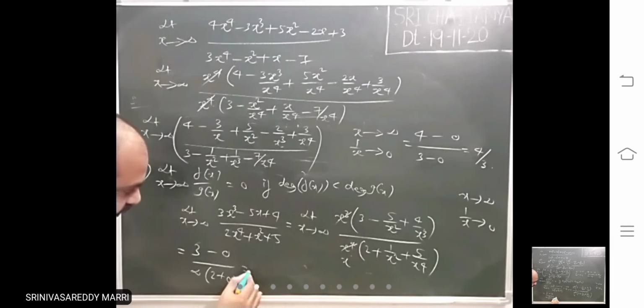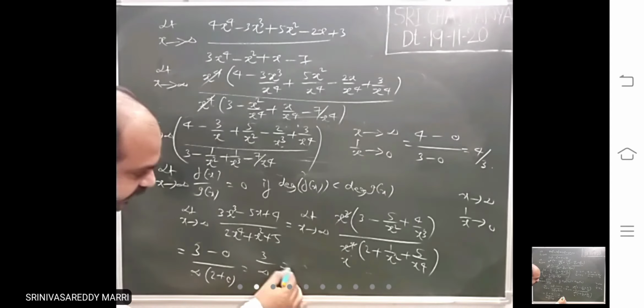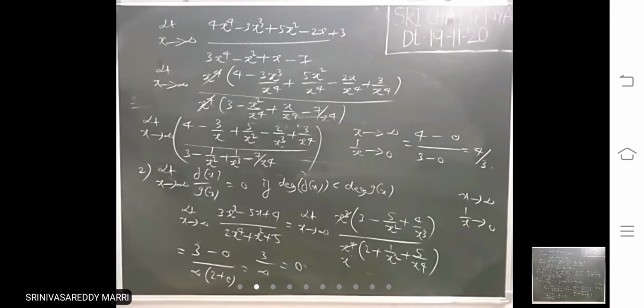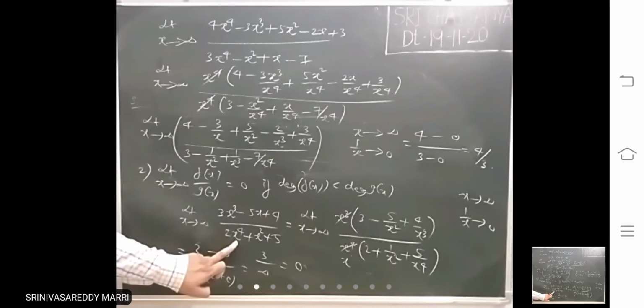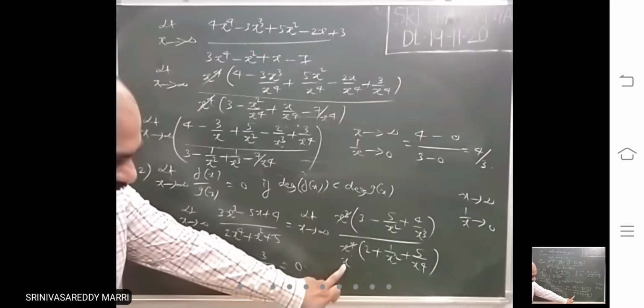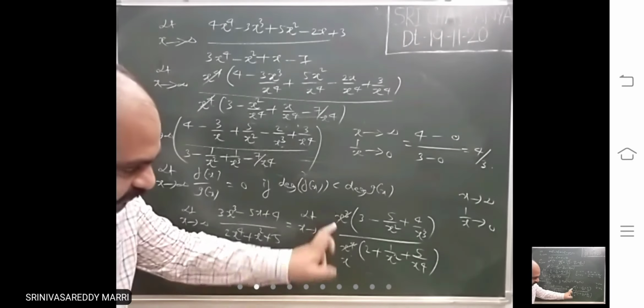plus 0. That means 3 divided by 2 into infinity is what? Infinity. Anything into infinity is infinity only. So in the denominator infinity is there means what? 0 limit. If the degree is more in the denominator, some x term will be remaining here. That will become 1 by infinity.